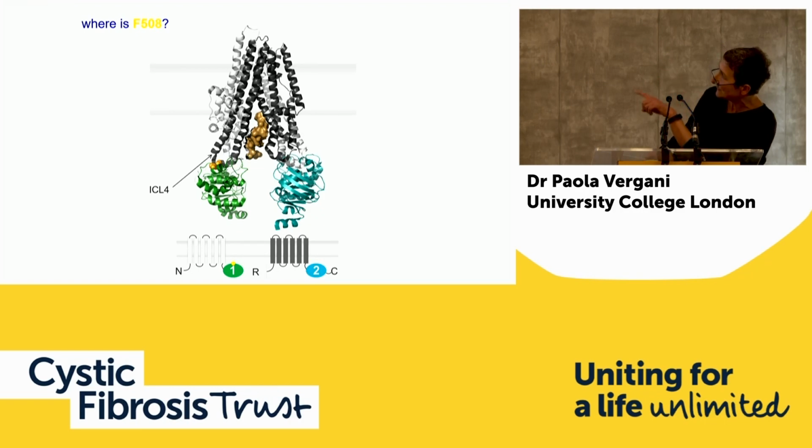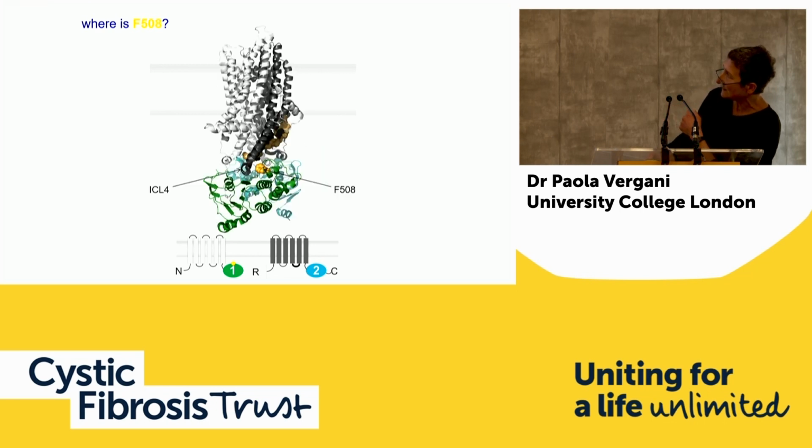These two helices form what is called the intracellular loop 4, and F508 is very close to that intracellular loop. If we turn this structure 90 degrees so that we look from the side of NBD1, we can see that ICL4 dips down into a hollow in NBD1, backed by ICL1, an intracellular loop from TMD1.